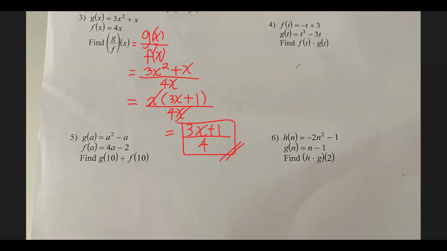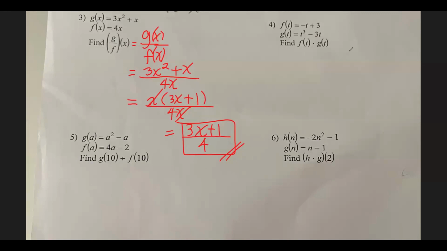All right, another example for number 4. The given are f of t and g of t. What you will do is find the product. If you see this one, it's like a dot, but it's not a decimal point. That means it's multiplication when it comes to algebra. Okay, then let's multiply our two functions.